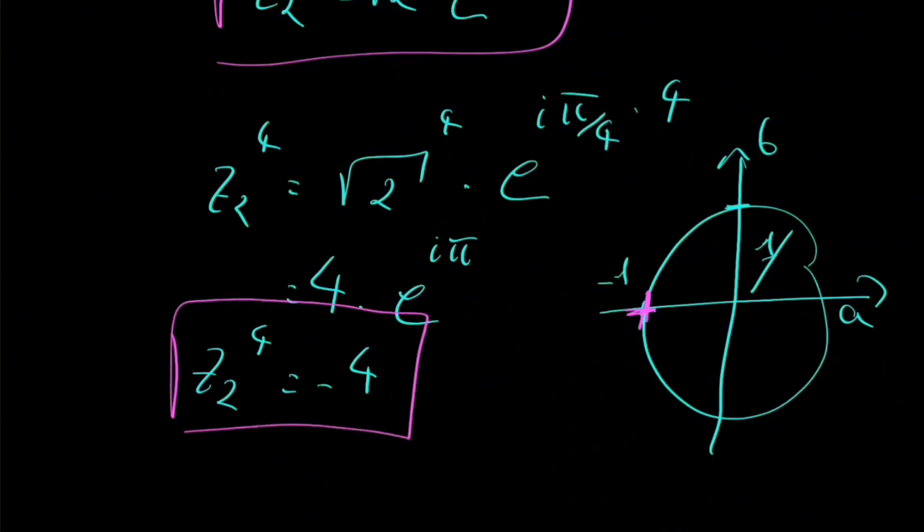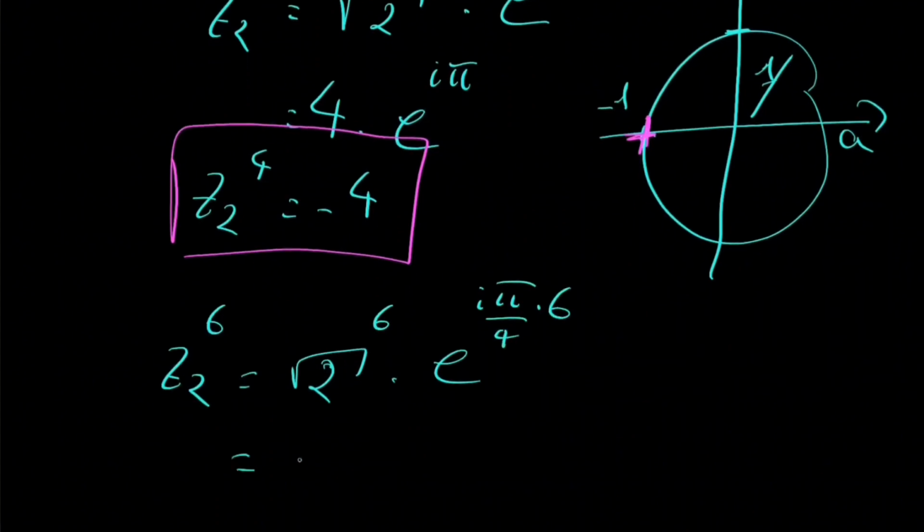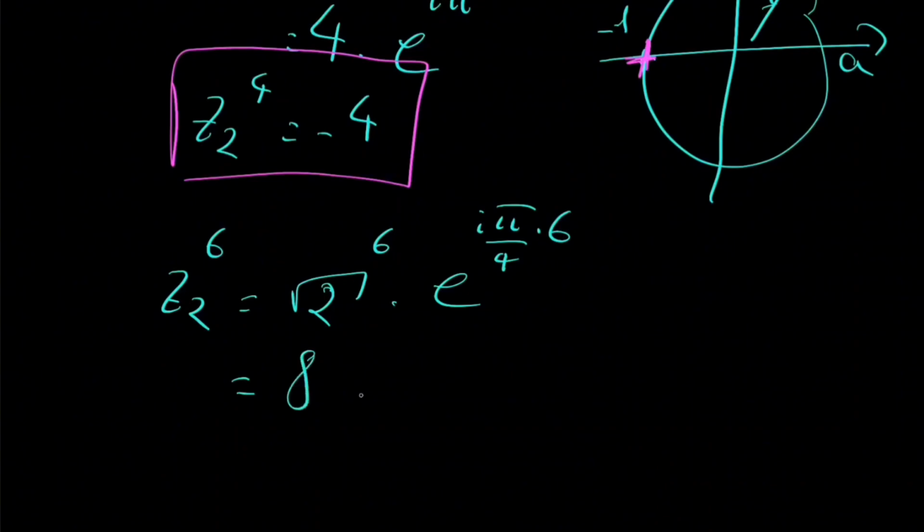Now same thing, z2 to the 6 is equal to square root of 2 to the 6 times e to the i pi over 4 times 6, which is equal to 8 times e to the i pi times 6 over 4, so 3 over 2.